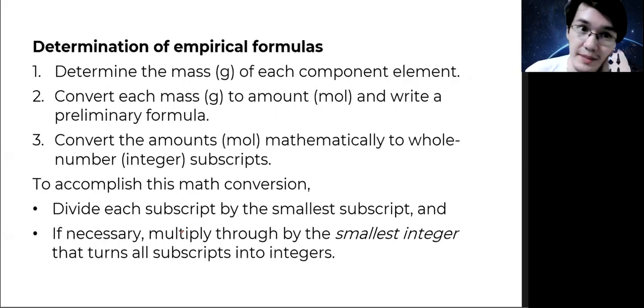So these are the steps of determining the empirical formulas of substance. First, we determine the mass of each component element. Then we convert those masses to amounts, in other words, grams to moles. Then we convert the amounts mathematically to whole number integer subscripts. We convert them since there is no such thing as 1/2 of an element in a substance.